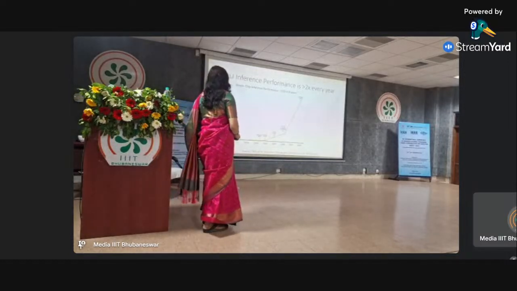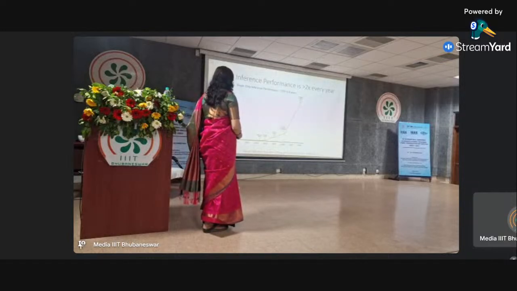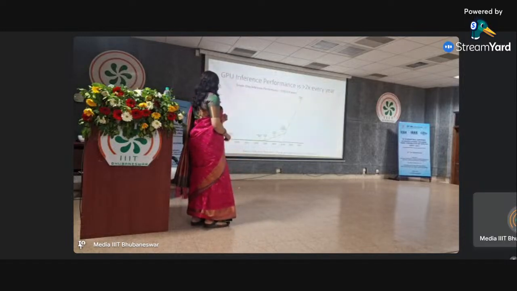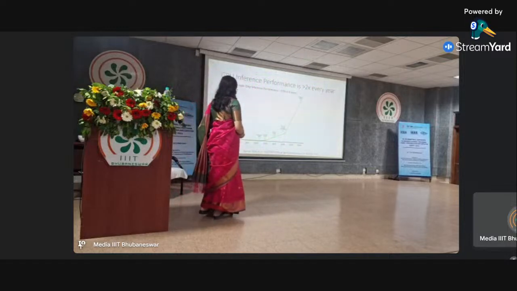On the y-axis, I have INT8 tera operations per second, again a measure of throughput, how much throughput they have. As we can see, from Kepler in 2012, we had 4 throughput, which scales up to 1248 throughput in Ampere, which was released sometime around 2020.